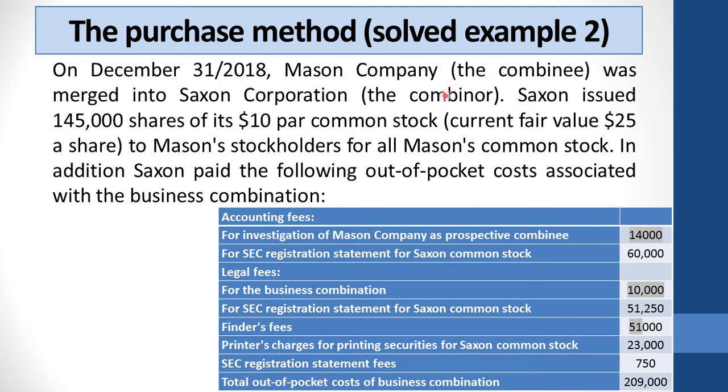In order to do that, Saxon issued 145,000 shares of its $10 par common stock, and the current fair value of these shares equals $25, to Mason's stockholders for all of Mason's common stock.